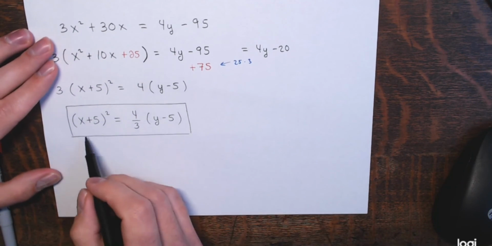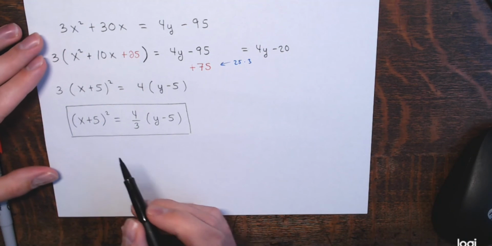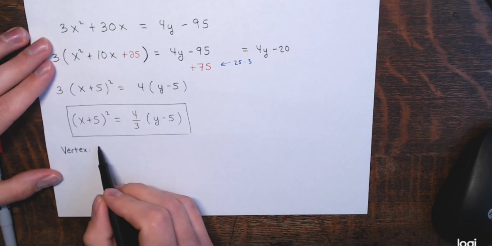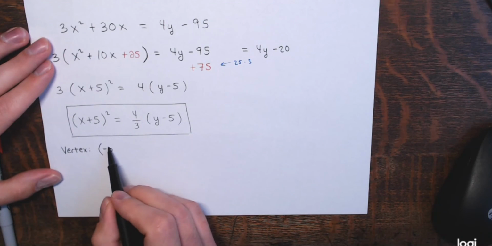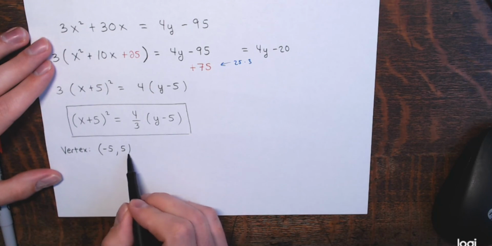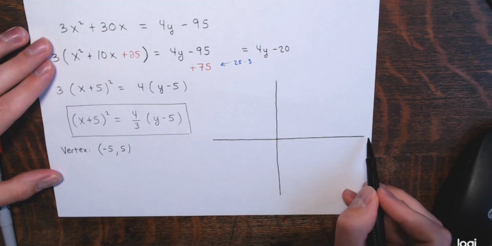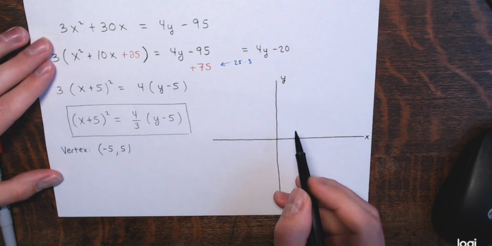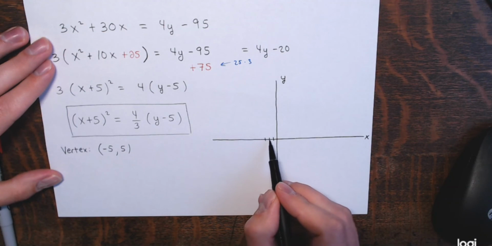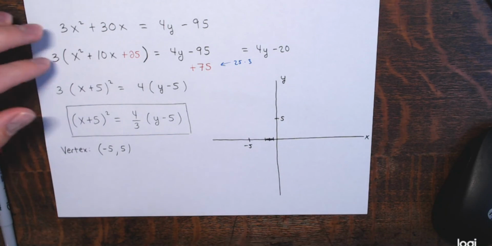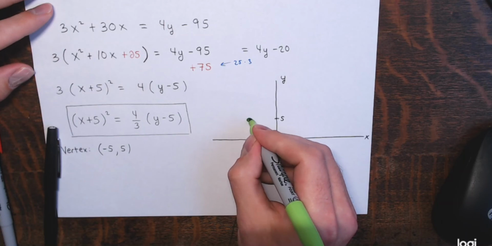Now that it's in standard form, I should be able to graph it pretty easily, just like all the other examples. The vertex would have negative 5 for the x coordinate, positive 5 for the y coordinate. Here's negative 5, here's positive 5, so there's the vertex.